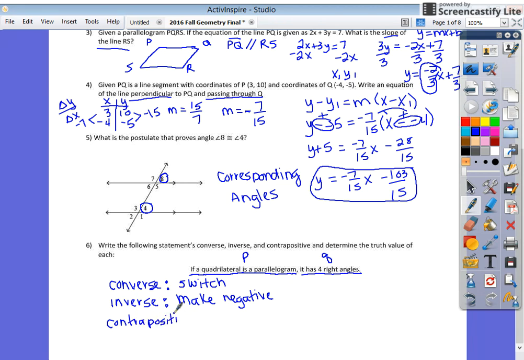Remember, the contrapositive is kind of a combination of the two of them. We're going to switch and make negative. So it should say, if it does not have 4 right angles, then a quadrilateral is not a parallelogram.